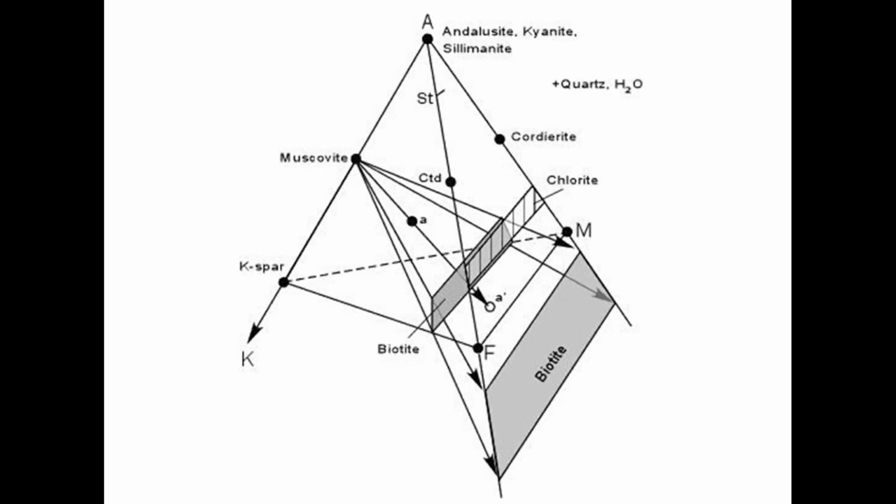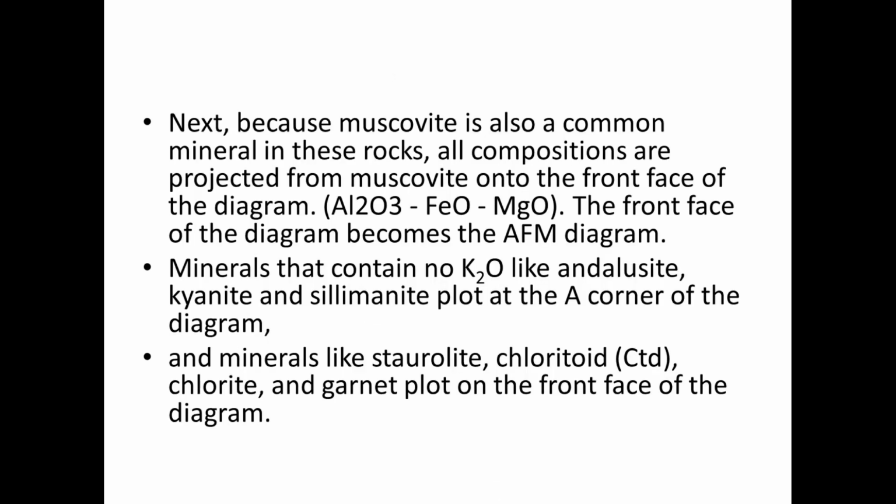So it is also known as the AKFM diagram. Because muscovite is a common mineral in these rocks, all compositions are projected from muscovite onto the front face of the diagram, which contains Al2O3, FeO and MgO. So the front face of the diagram is also called the AFM diagram.